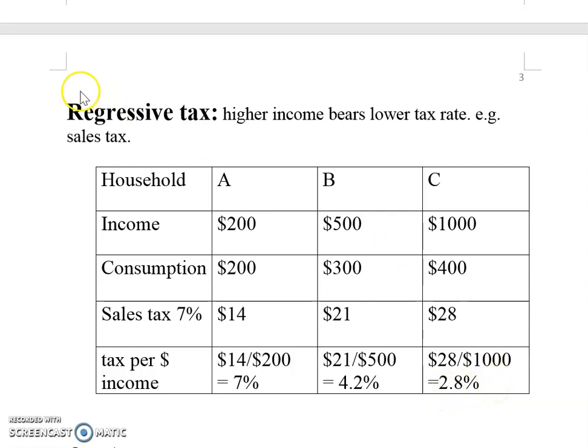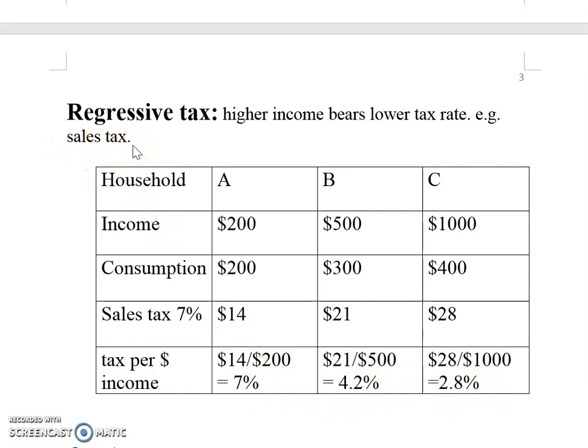So you see, for the sales tax, because the lower income households tend to spend most of their money on consumption to survive, the sales tax on them, because it is levied on consumption, is actually higher in percent than for the higher income. So higher income actually pays less sales tax in percent. So that is regressive tax.